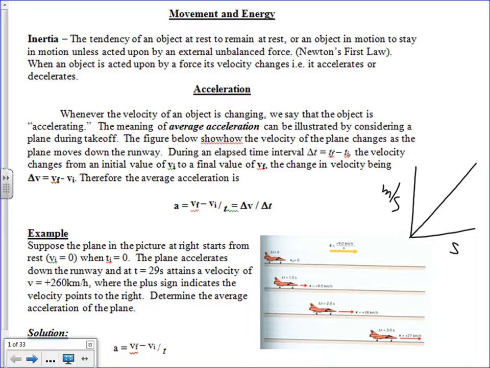We can calculate the slope of that line, or if we had a velocity versus time graph that had several sections on it and they wanted the acceleration over the whole trip, we could still do that as well. We would just be using this formula right here.